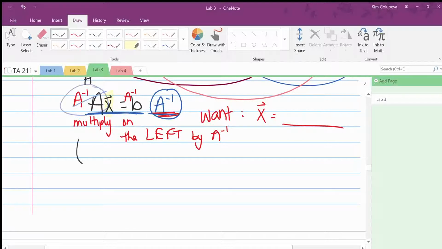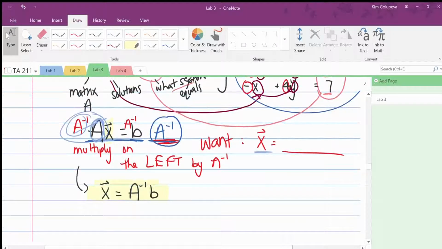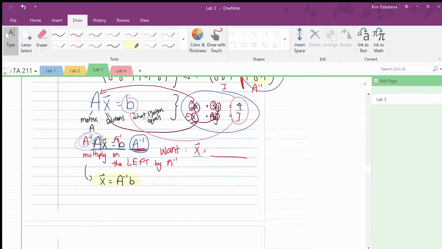So we're left with X, which is exactly what we wanted, equals A inverse B. Hopefully you get why I multiplied on the left by A inverse: the only thing standing in our way of getting X equaling something is this A here. We need to get rid of the A, so we multiply by our A inverse. So we end up with this formula, X equals A inverse B, and we're going to use that to calculate all of our solutions to our system here.